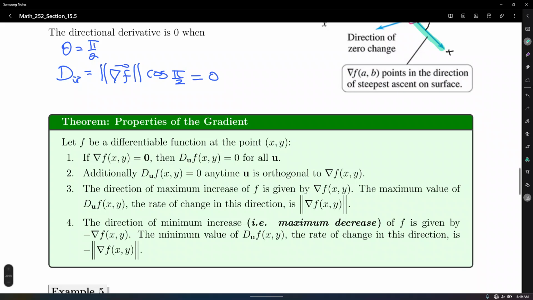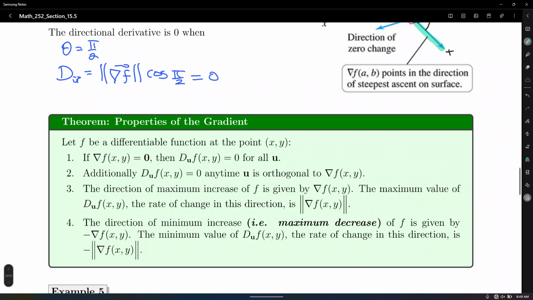Number two, additionally, if the directional derivative is 0, then at any point this vector is orthogonal to the gradient. Because when the dot product between two vectors equals 0, that means the two vectors are orthogonal.